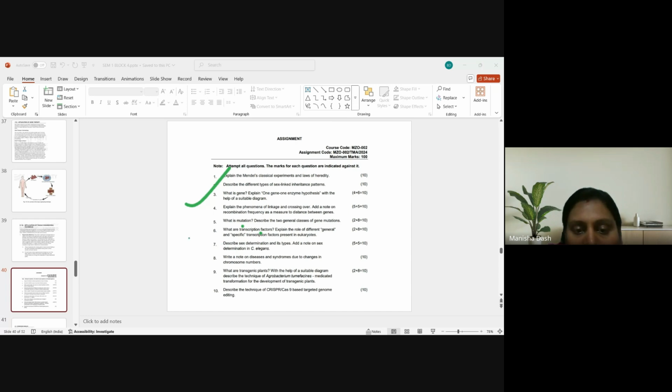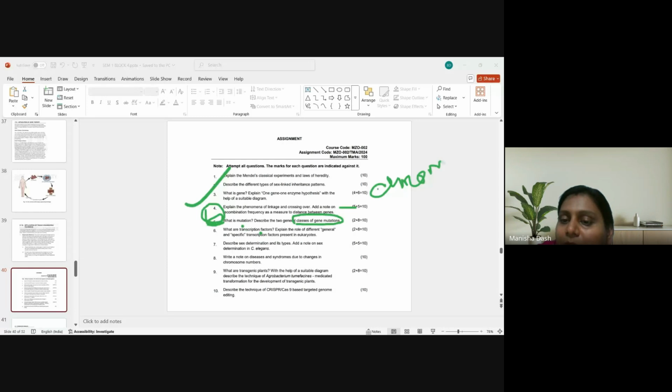This is one of the very probable questions, the linkage and crossing over. Then this one, mutation. What is mutation? And what are the general classes of gene mutation? If it is about gene mutation, you don't have to write about the chromosomal thing. But similarly, you can also have a question like explain different types of chromosomal mutations.